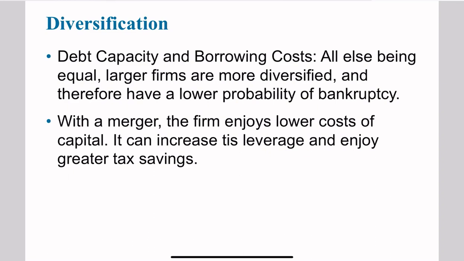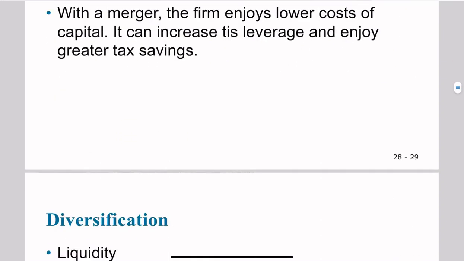The reason is because if the merged firm is more diversified and less risky, then it has a lower probability of bankruptcy. So this basically means the firm's default risk will be lower. That is, the firm's debt cost of capital will be lower. And this means the firm can borrow more debt, increase its leverage, and this will generate larger interest tax shield. So the firm can enjoy larger tax savings from using debt.